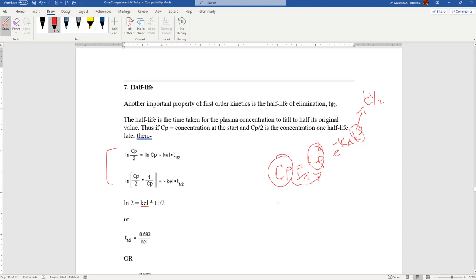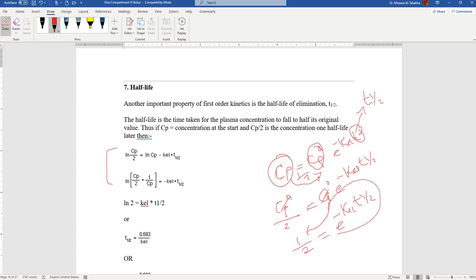That means I can write this equation as Cp0 over 2 equals Cp0 times e to the minus KEL times T half. If you take Cp0 to this side, Cp0 cancels with Cp0, and we get half, or 0.5, equal to e to the minus KEL times T half.